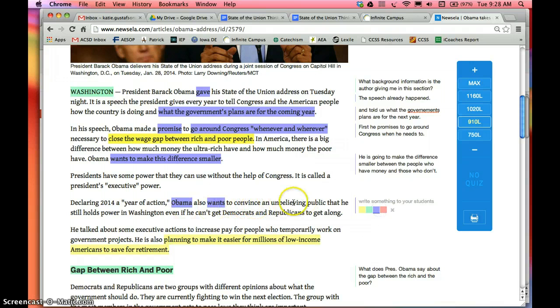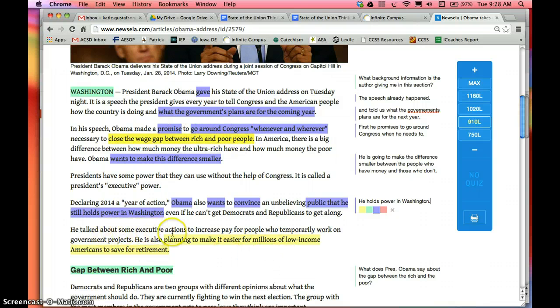And what he wants is to convince the public that he holds power in Washington. That makes me think that he's going to do whatever he needs to go around Congress.